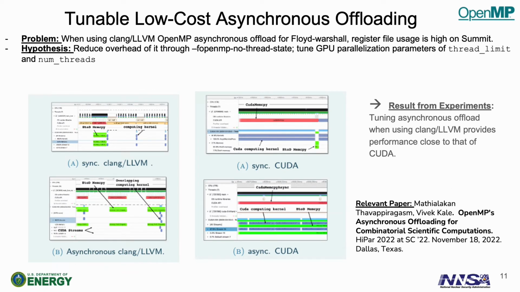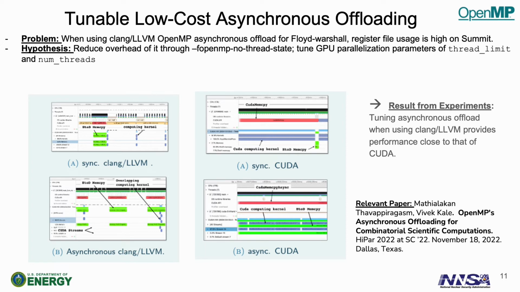We also did some work with tunable low-cost asynchronous offloading, and here the problem is that when you're using Clang's LLVM OpenMP, the register file usage is high, specifically for the asynchronous offload for Floyd-Warshall. Our hypothesis is to reduce the overhead of the asynchronous offloading by minimizing thread state.